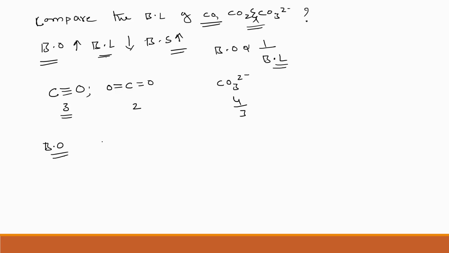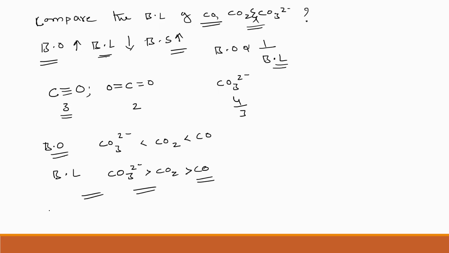The order of bond order is CO3 2 minus is less than CO2 is less than CO. Then what is the order of bond length? The order of bond length is the reverse of this: CO3 2 minus is more than CO2 is more than CO. So this is the order of bond length.